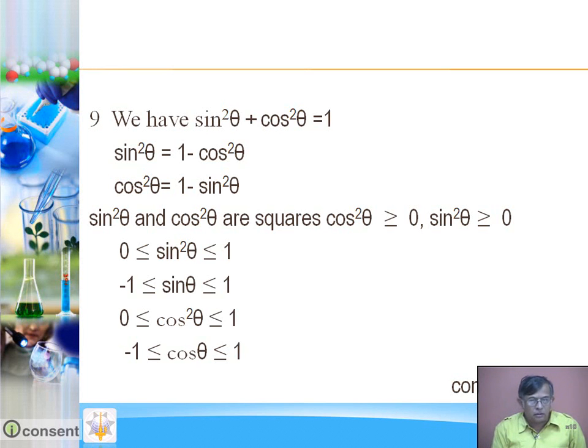As 1 minus some positive number is sin square theta, sin square theta should be less than or equal to 1. Now the square root of 1 is minus 1 or 1. Therefore minus 1 is less than or equal to sin theta less than or equal to 1. Similarly, minus 1 is less than or equal to cos theta less than or equal to 1.